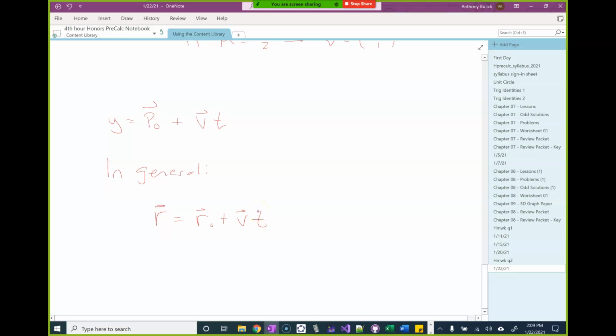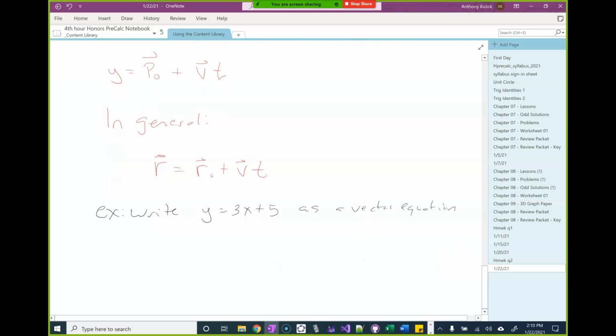So for example, if we wanted to write y equals 3x plus 5 as a vector equation, we're going to need a point on that line. What's an easy point on that line to get?